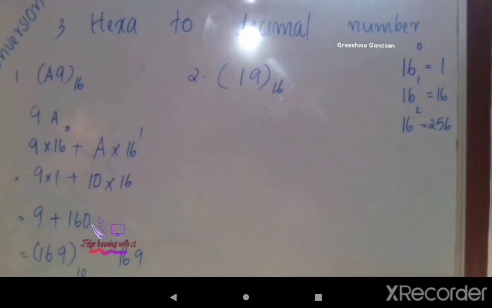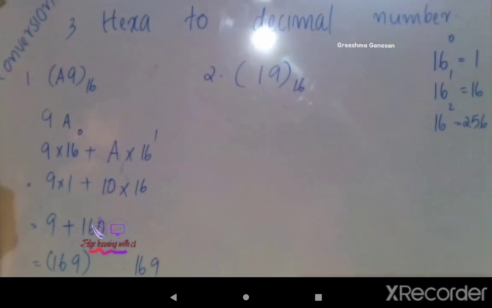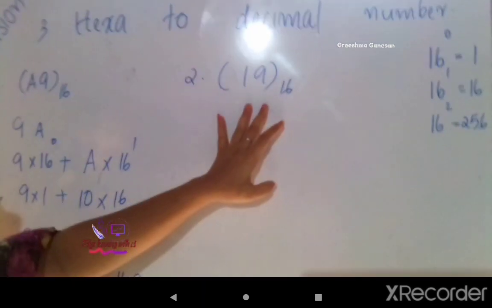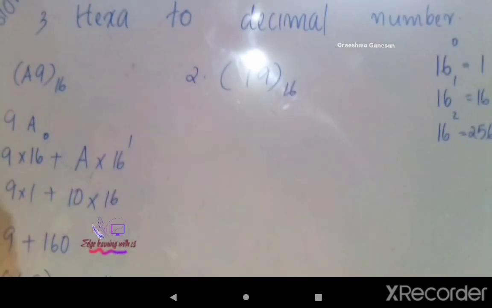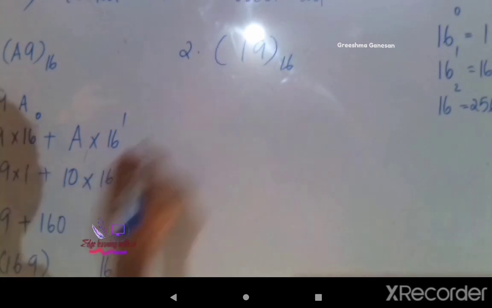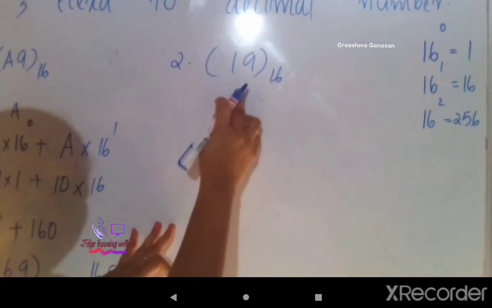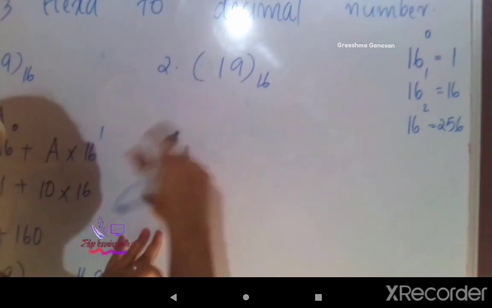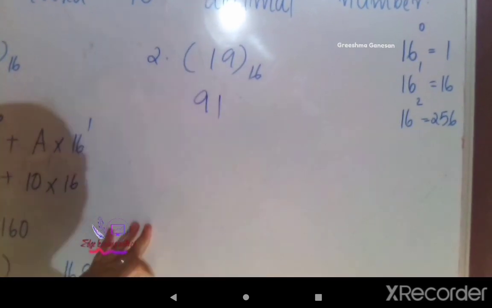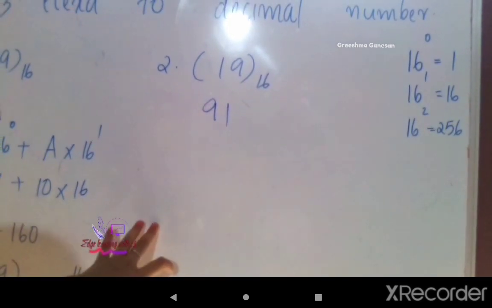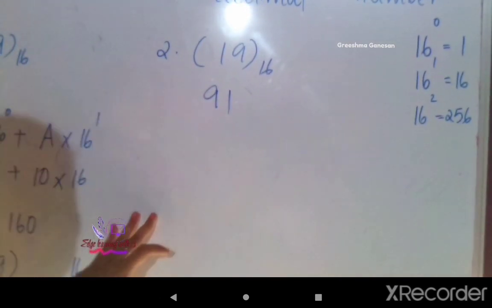Then we have another example here, 19 to the base 16. Again you follow the same steps. The first step is to rewrite the number in reverse order, so I am writing 19 as 91.